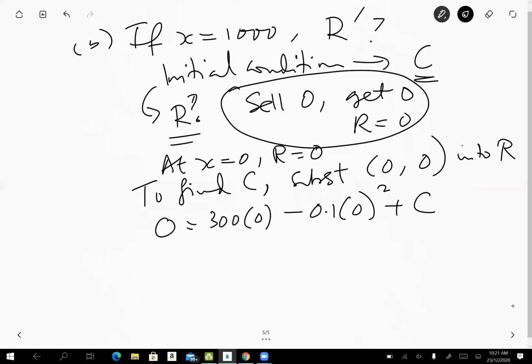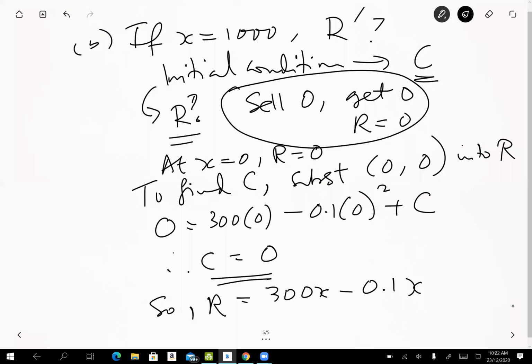So therefore, the constant is 0. So our revenue now, c becomes 0, and we only have 300x minus 0.1x squared.